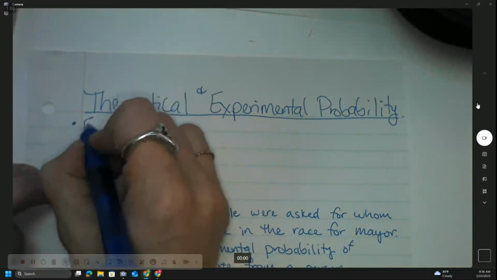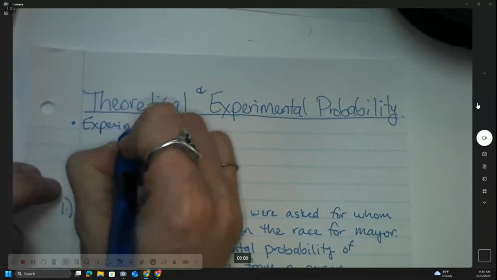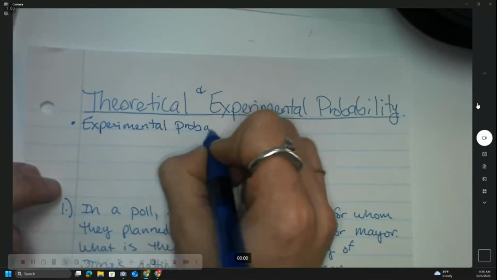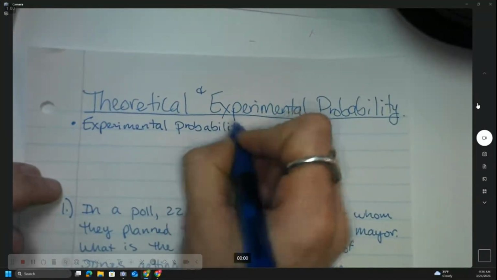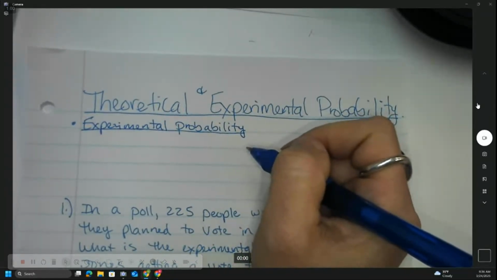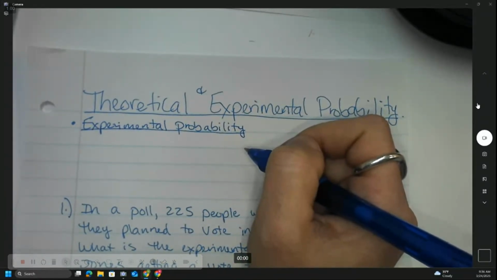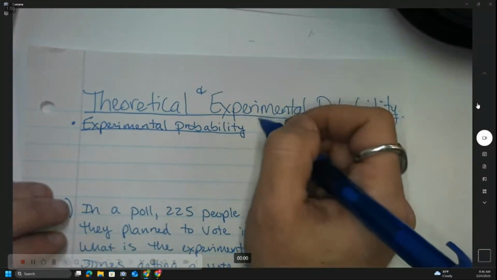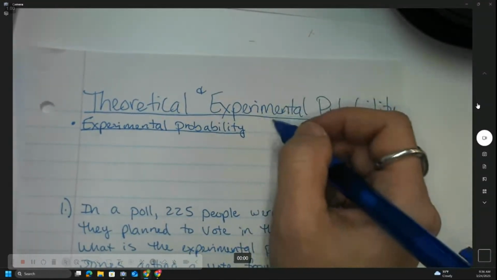So, experimental probability, underline it, it's found using frequencies obtained in an experiment or a game. Okay? It's found using frequencies obtained in an experiment or a game.